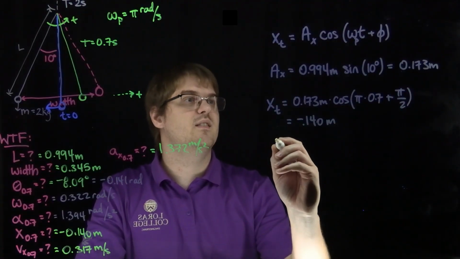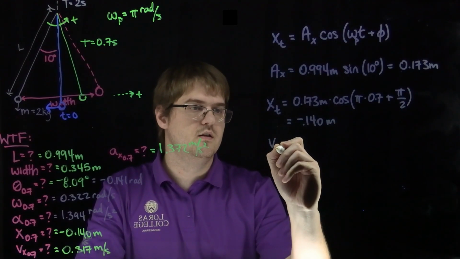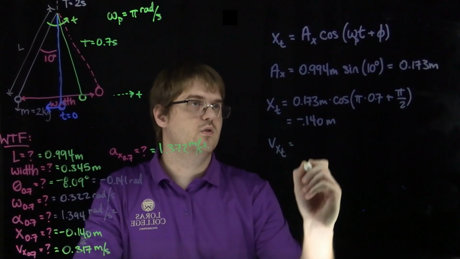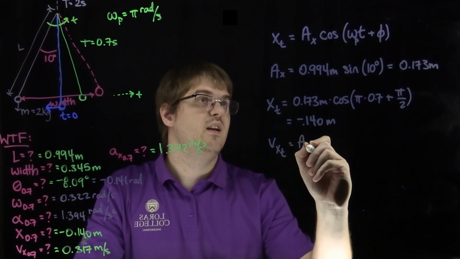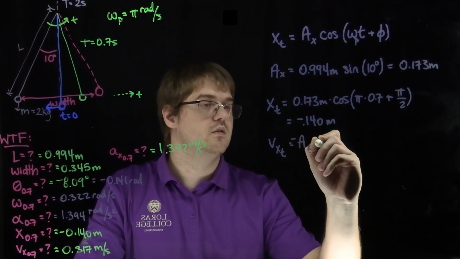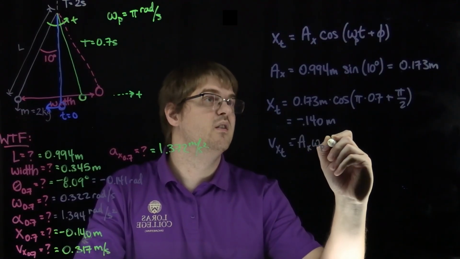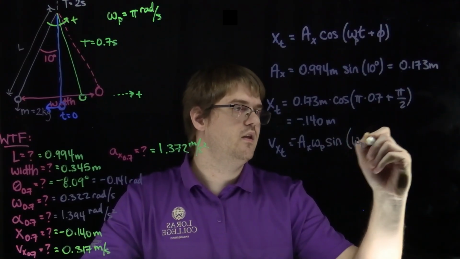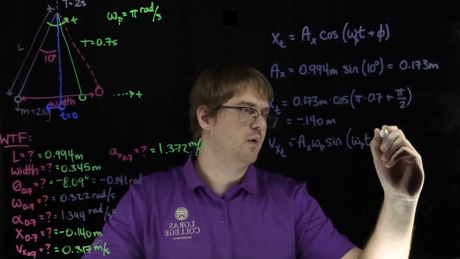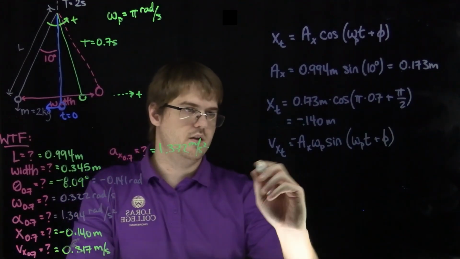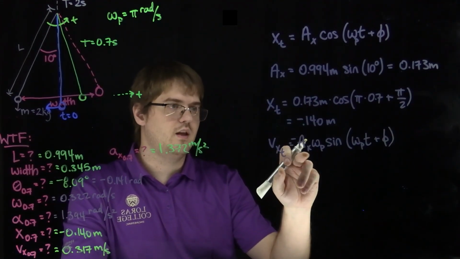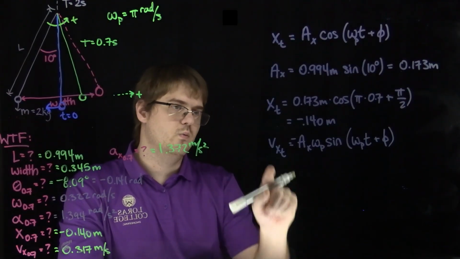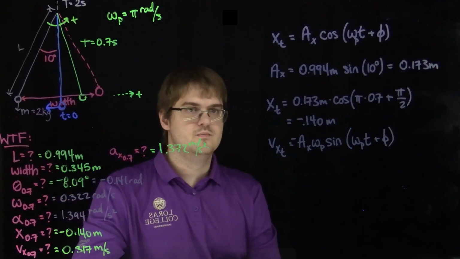And using that same logic, my velocity in the x at time t is going to be equal to negative ax times omega p times the sine of omega p times my time plus my offset. Again, all I've done is I've replaced a theta with ax, and I've replaced omega with my velocity in the x.